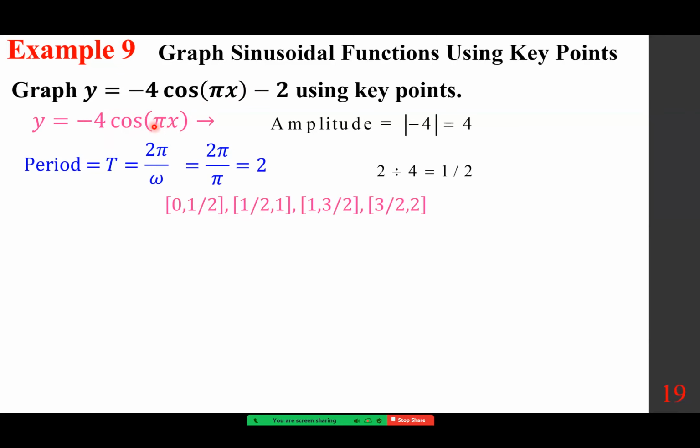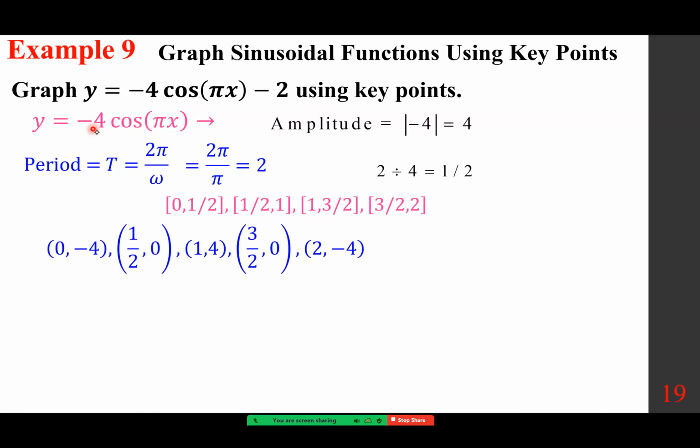Cosine of pi over 2 is 0, times any number is 0. Plug in 1. Cosine of pi is negative 1 times negative 4 makes it positive 4. So I hope you see that these are the pairs. I did this one for you, this one, and this one, and you figure out the rest.